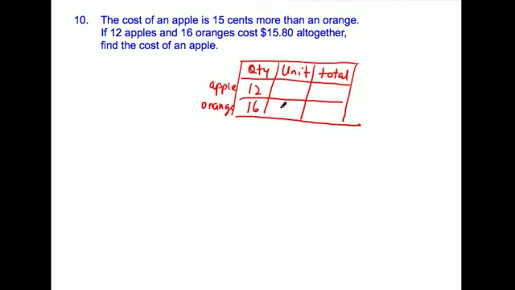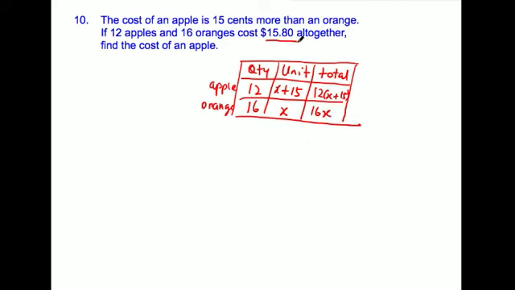We do not know how much is an orange, but we know that an apple is 15 cents more. Quantity times unit cost will give us the total cost of apples, and 16 times x, total cost of oranges.